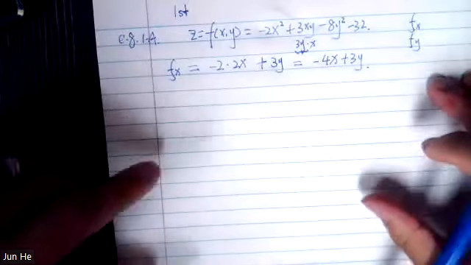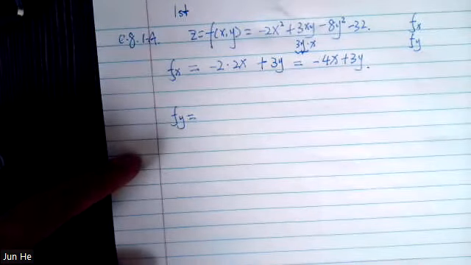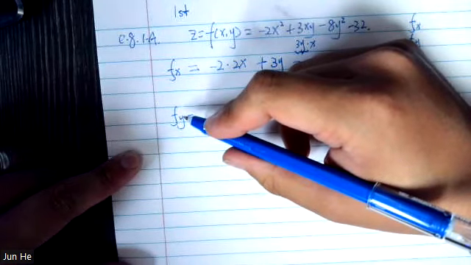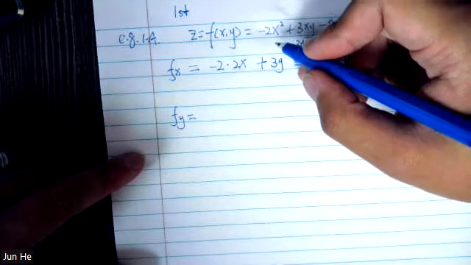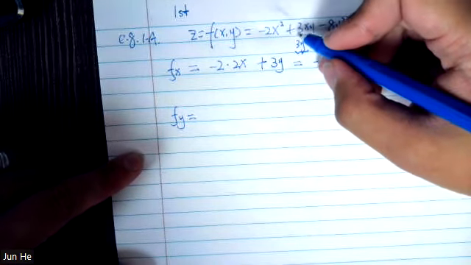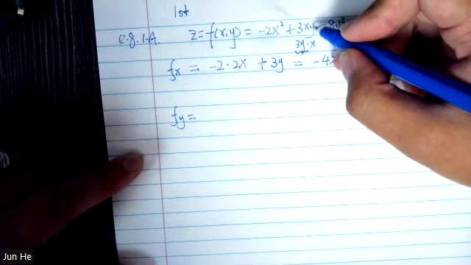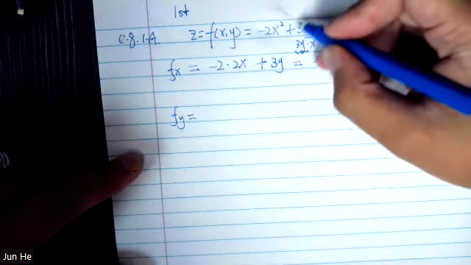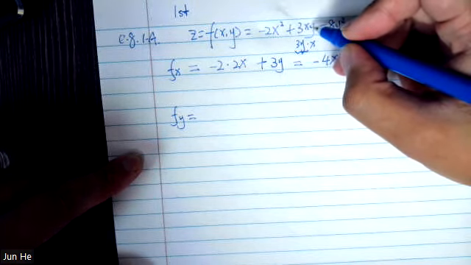Okay, and then we turn to f partial on y. Okay, so in this case, y is the only variable. Then minus 2x squared is fixed, and its derivative is 0, we disregard. And now plus 3 times x times y, and here it is 3x, the entire thing, as the constant multiplier to y.